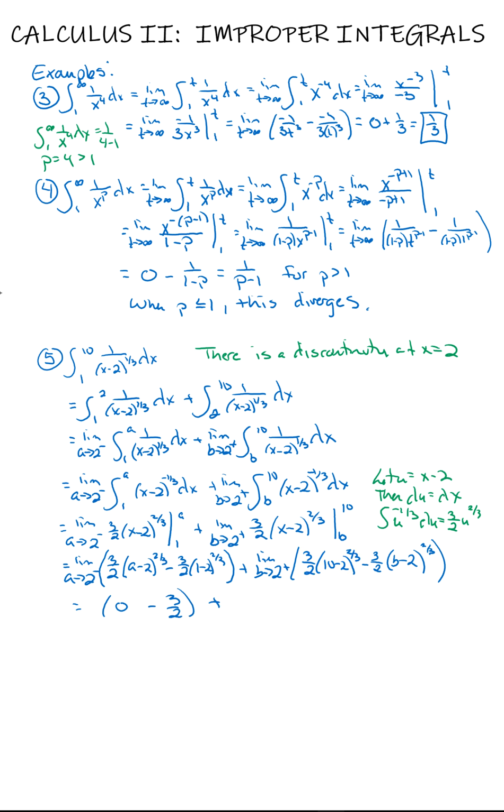What would that be? That's just a 6. And then this last little bit, as b goes to 2, that gives us a 0 in there, so this whole piece goes to 0.